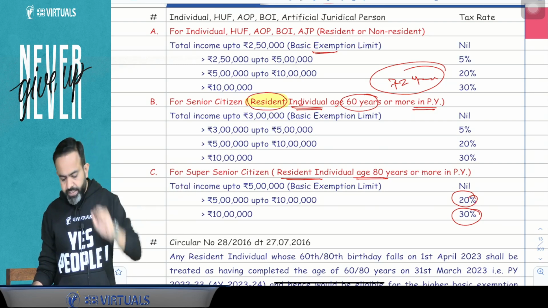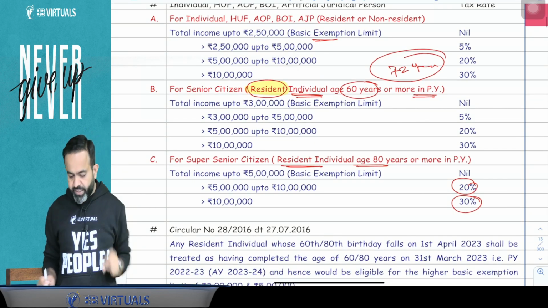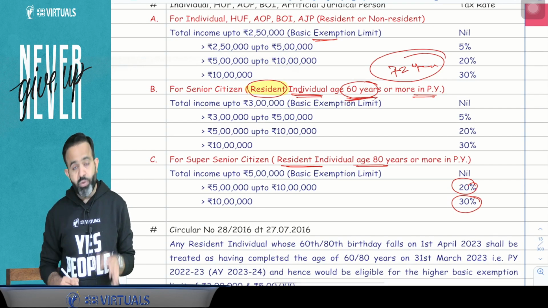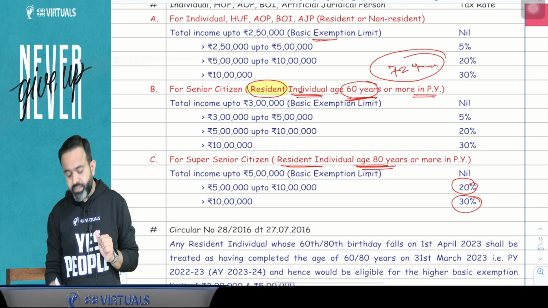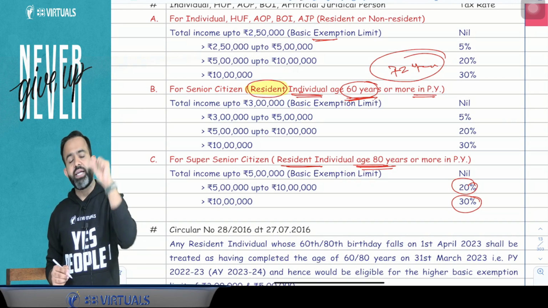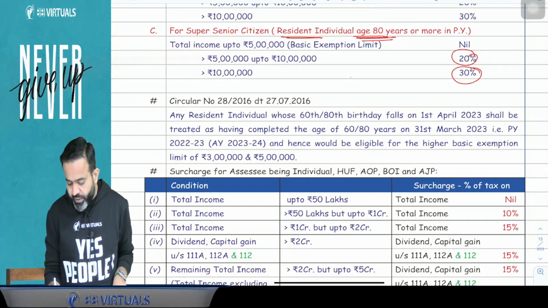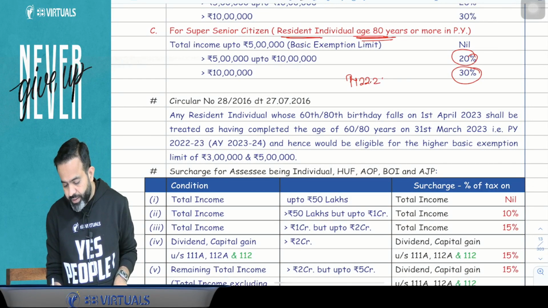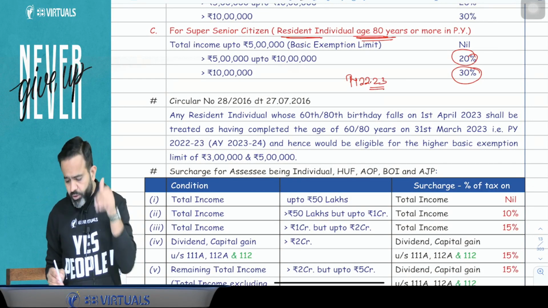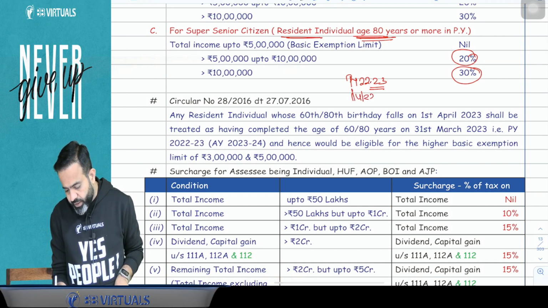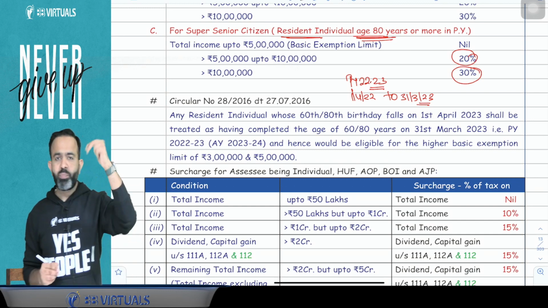Now guys, here it is mentioned that senior citizen means resident individual age 60 years or more in previous year, and super senior citizen means resident individual age 80 years or more in previous year. Now what is your previous year? Can I say that your previous year is 22-23? And 22-23 means from 1st April 2022 till 31st March 2023 is your previous year.